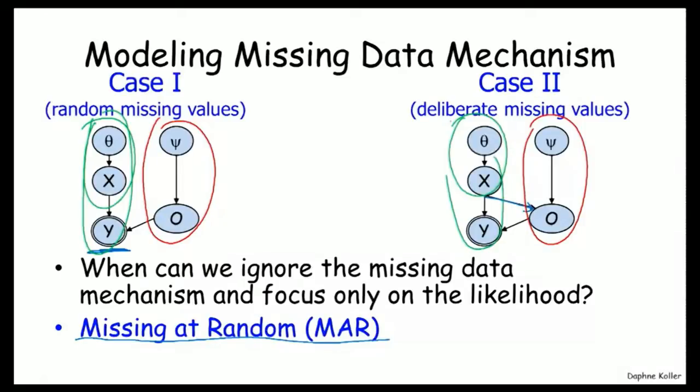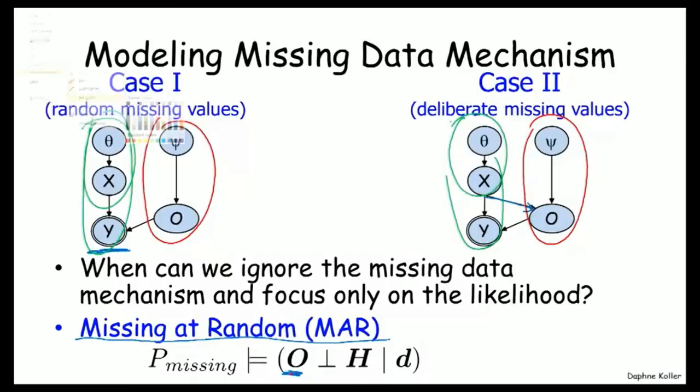One can show that it suffices for focusing only on the likelihood that this distribution over x, y, and o have the following characteristic: that the observation variables O are independent of the unobserved x's, which we're going to denote h, given the observed values y, which are my data instances.